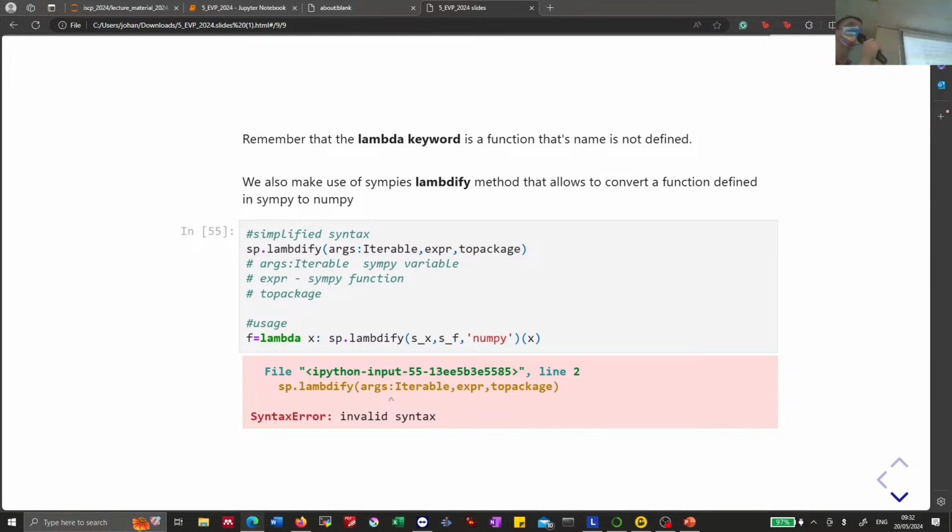So far, so good? It's a little bit advanced because I'm combining lambda and lambdify here. Do you know what's the difference between lambda and lambdify? Do you know what they have in common?